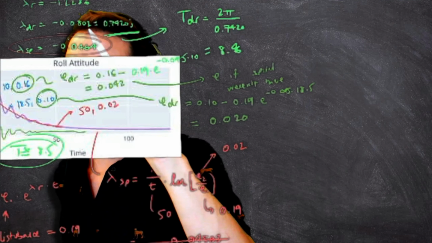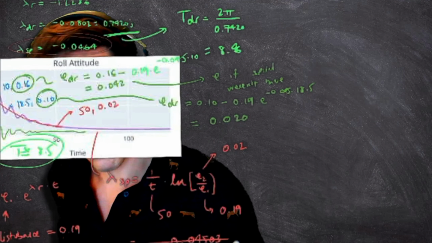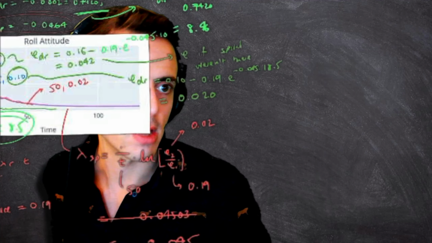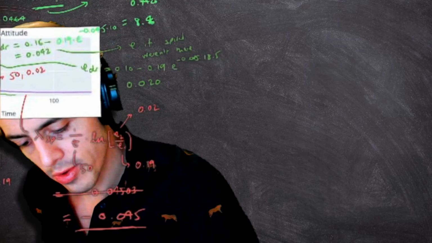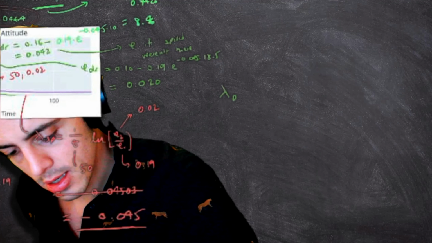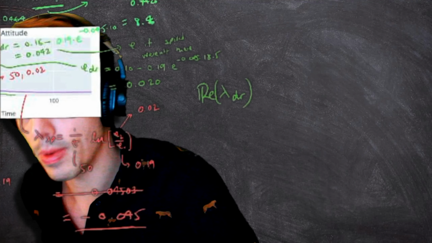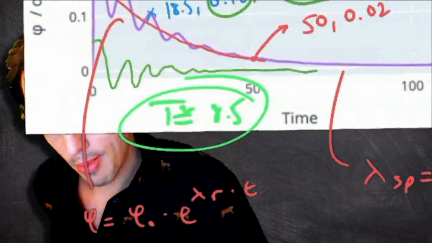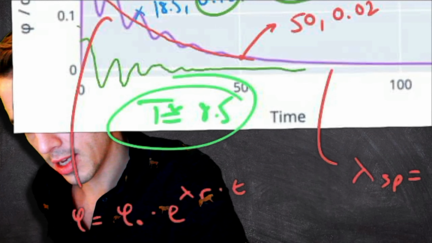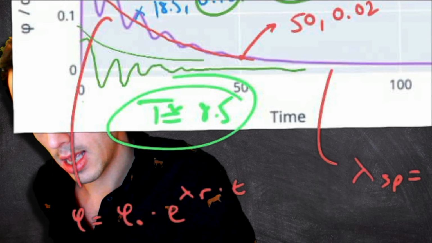Now that we've got these two, we can then use them to confirm that we've got the correct real part of the Dutch roll mode, and we can do that the exact same way that we've done before. So we'll say that lambda of the Dutch roll, and now we're looking at the real part, would be effectively representing this exponential decay curve that we would see around here.